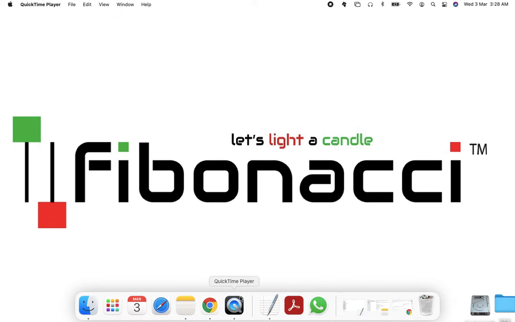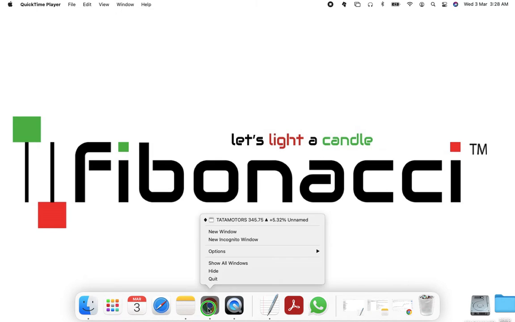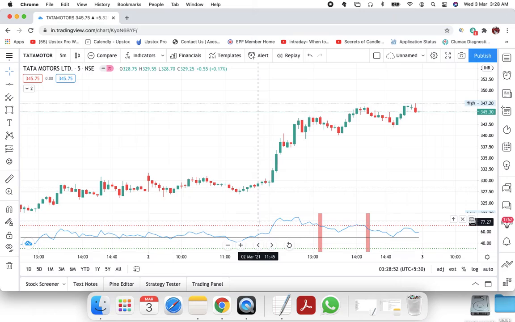So, to understand the candlesticks, let me open some chart in TradingView. I am using TradingView because it gives me tremendous data about the particular script.